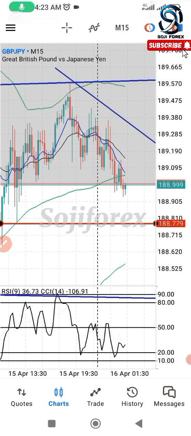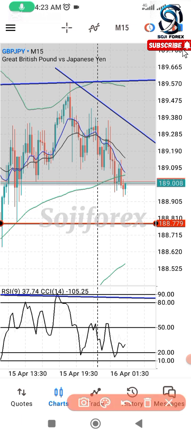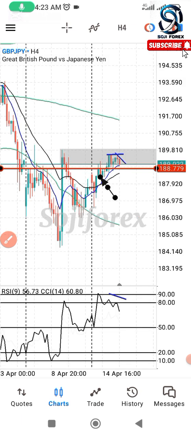And on this 15-minute as well, you can see how this pattern is playing out at the upper Bollinger Band. But if you look at your 4-hour time frame, you will realize that price is below the lower Bollinger Band, and it is in your point of interest that you have marked.